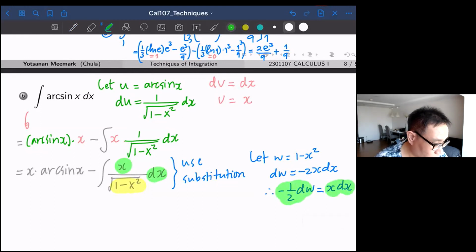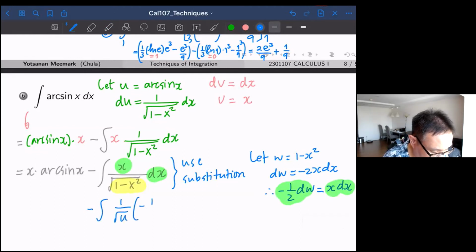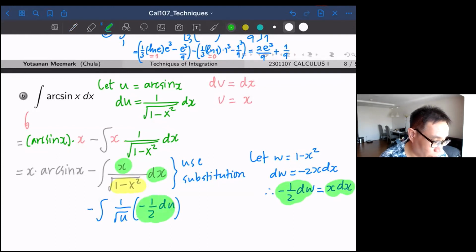So you're going to obtain negative 1 over root u and negative 1/2 du. Not u, sorry, it's going to be w, so it's going to be dw.